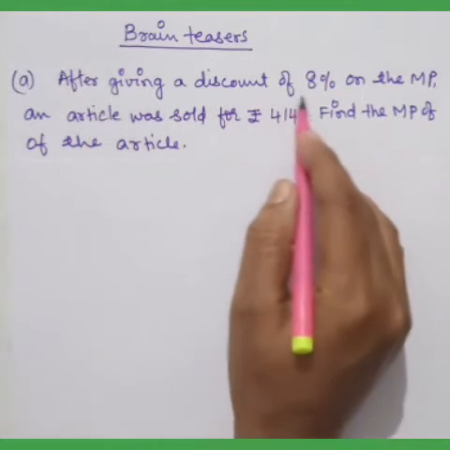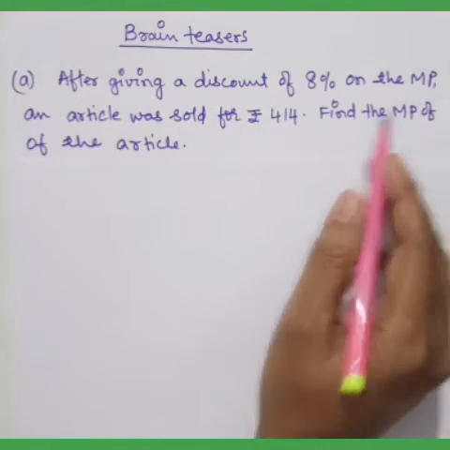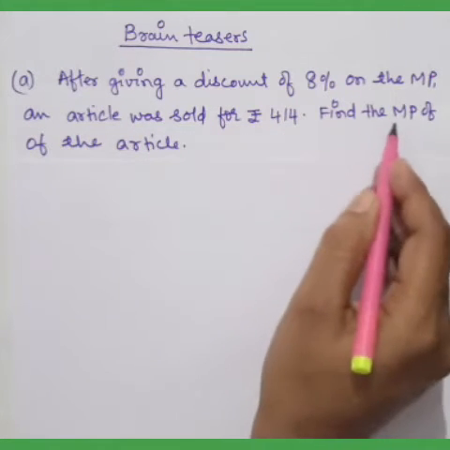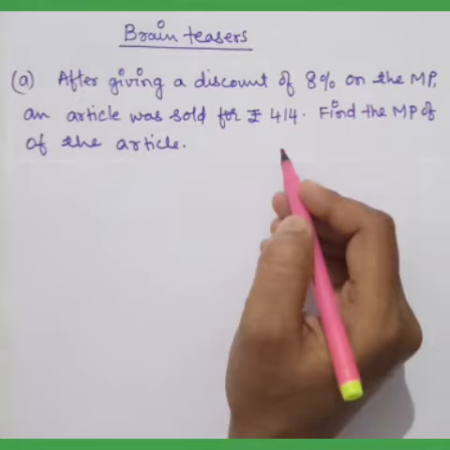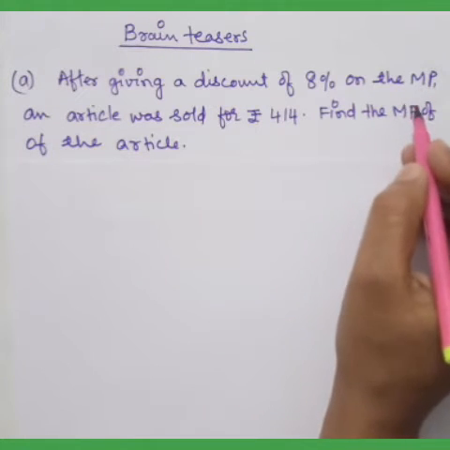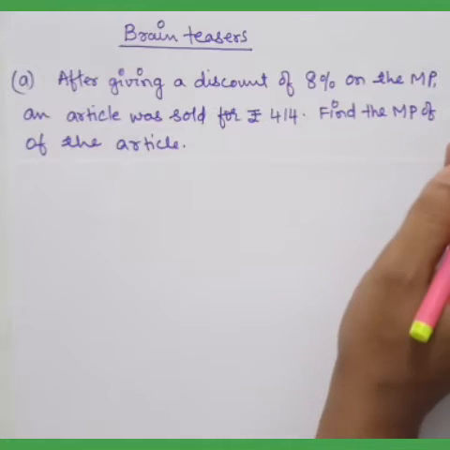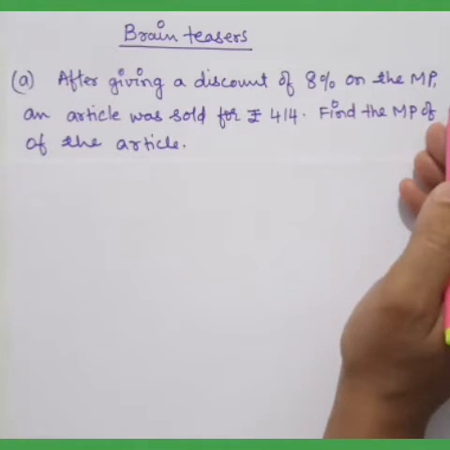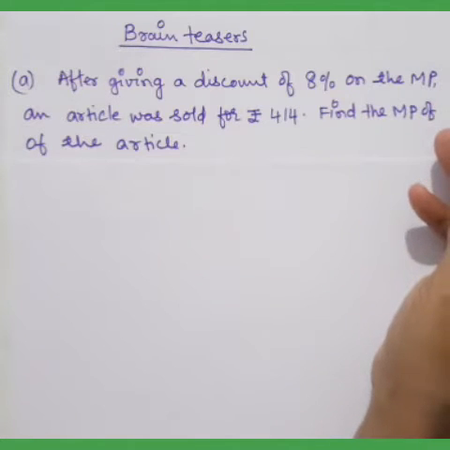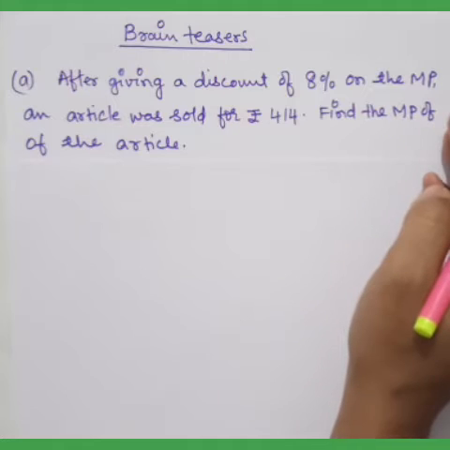After giving a discount of 8% on the MP, an article was sold for rupees 414. Find the MP of the article. Dear students, you know that whatever tag price is written, that is your mark price. When you see an article and you see the tag, whatever amount is written over there, that is your mark price.